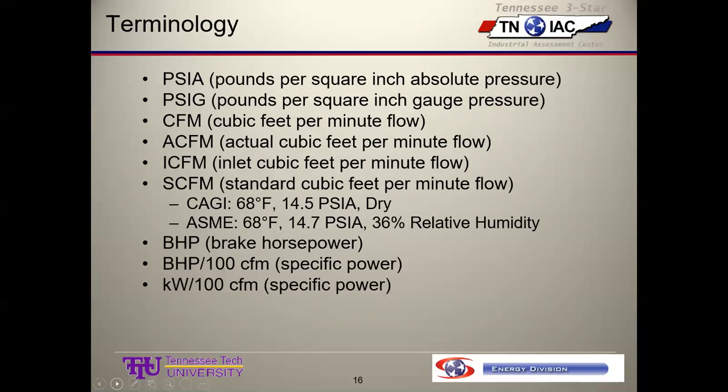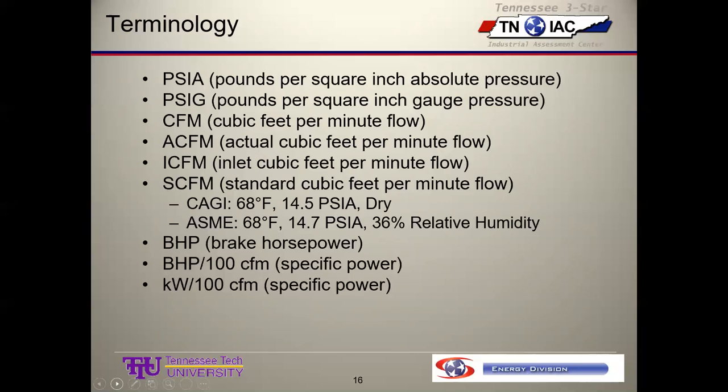And so in order to calculate the volume flow rate, we need a pressure and a temperature at which we wish to state that flow, and we can use different pressures and temperatures. So an actual may be at the actual conditions in the compressor room.